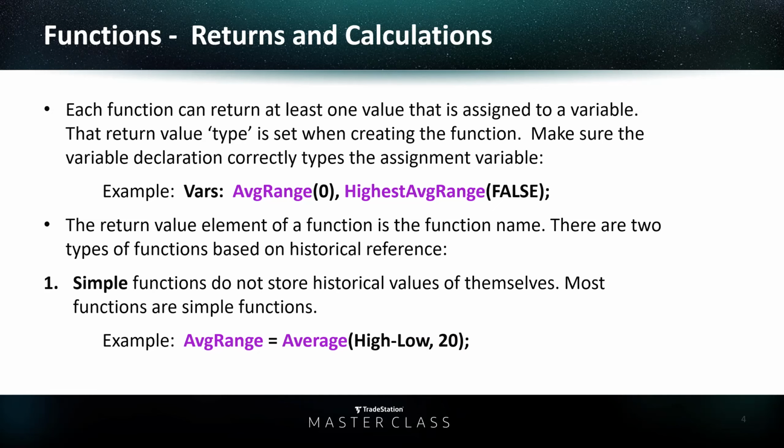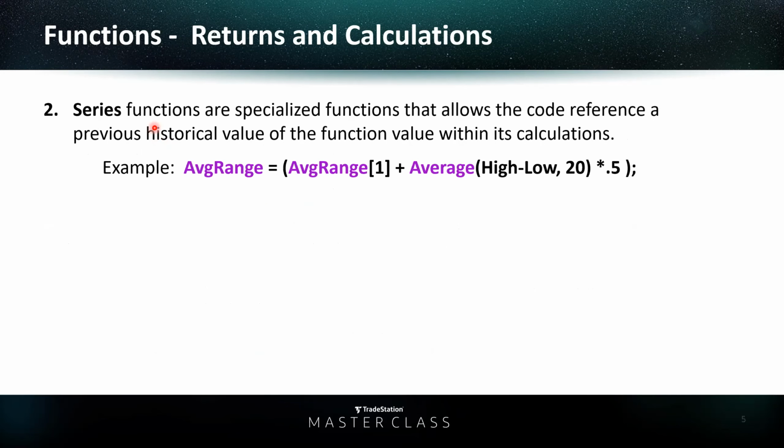The other type of function is what we would call a series function, and they're a little bit more specialized. It's because the function has to reference historical data from within its own calculation. So here we use average range as the function, and the name of the function is referenced inside of its calculation as average range 1 bar ago.